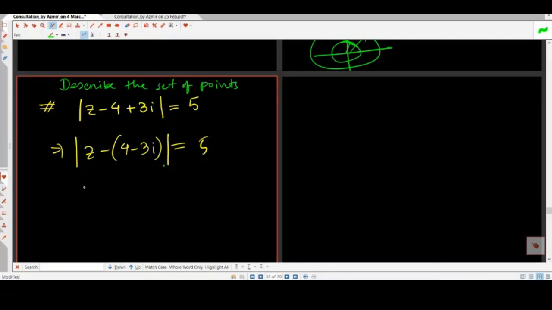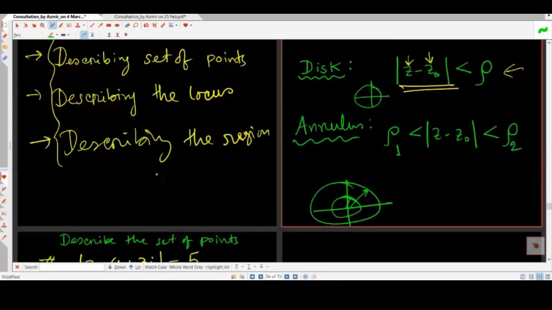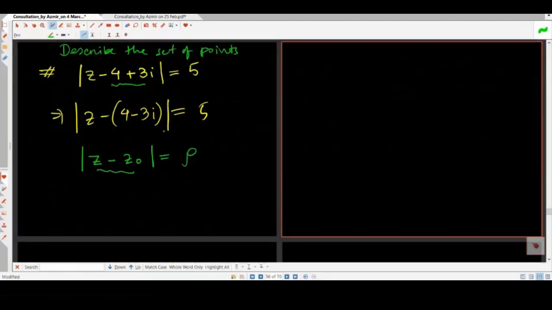To have the notation with the disk, we have written the number in parentheses so that it goes directly with this concept, and it is rho. It can be less than or equal. If you have less than, you will get a different graph; if you have the equal sign, you will get a different graph; if you have greater than, you will get a different graph. So it depends. Let me solve this one.